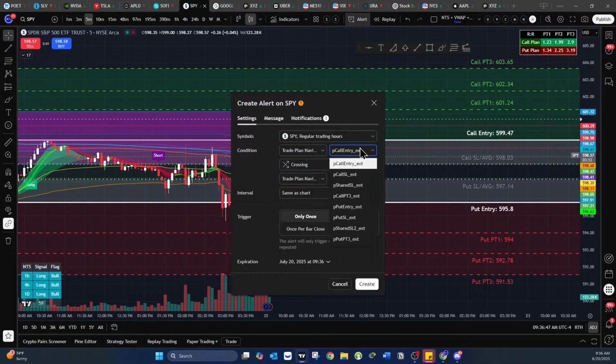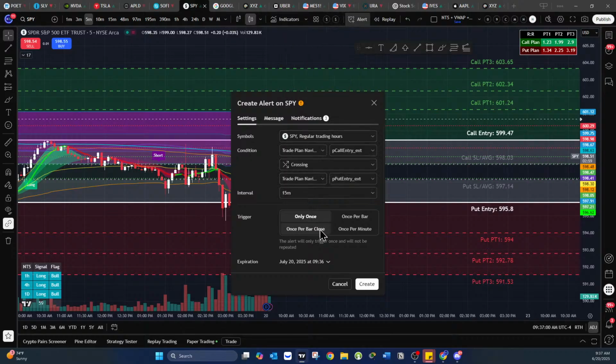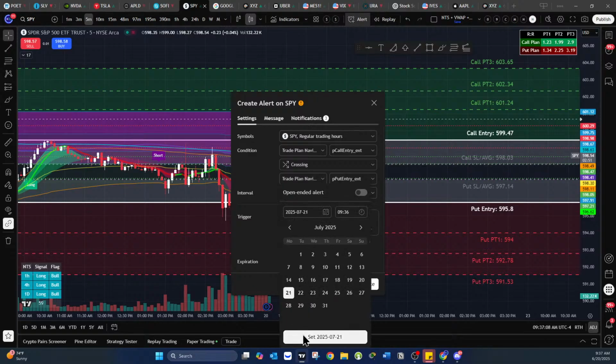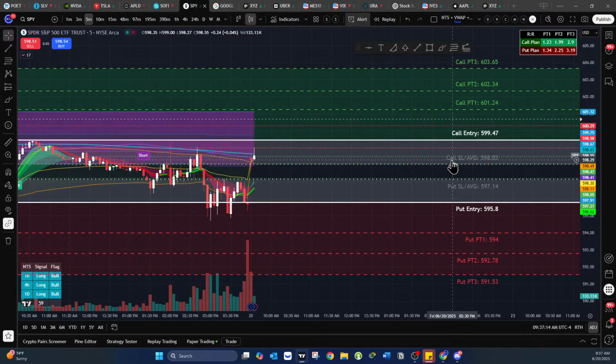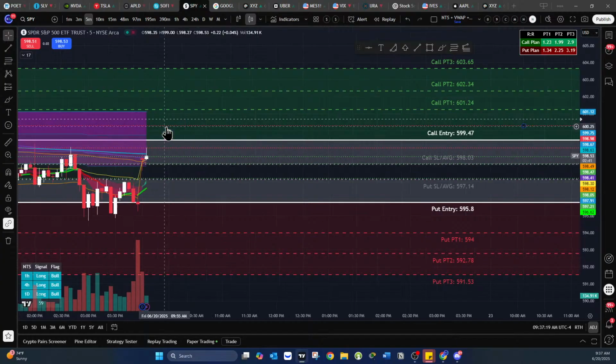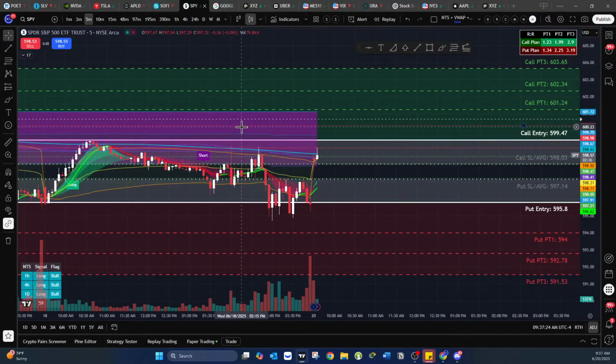Call entry and put entry, on the 15-minute, once per bar close, and this expires tomorrow. All right, cool. So we'll get alerts every time we get above or below these price levels after a 15-minute candle. So right now we're bullish out the gate, and we'll see what happens here.